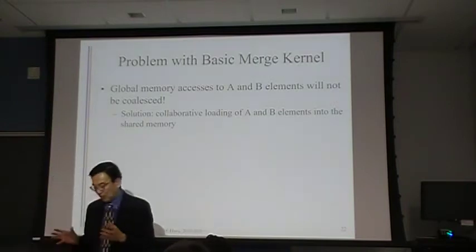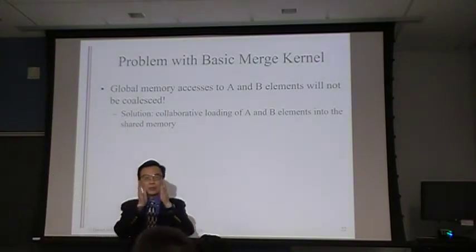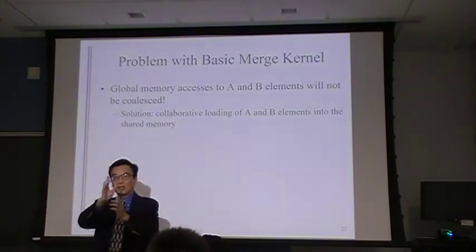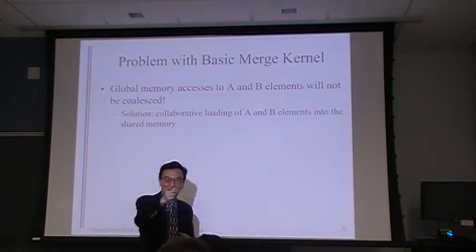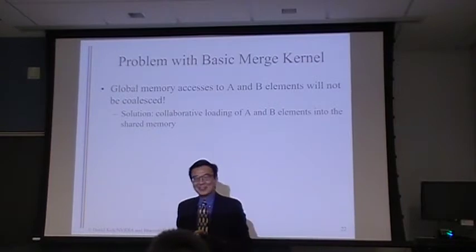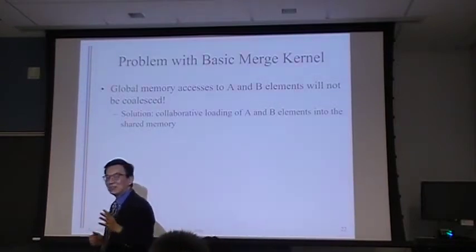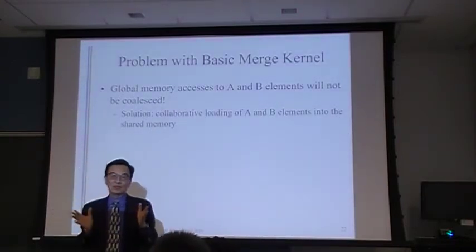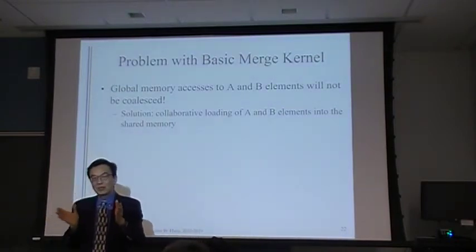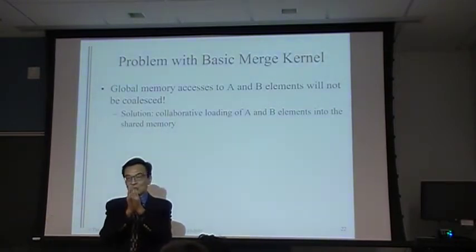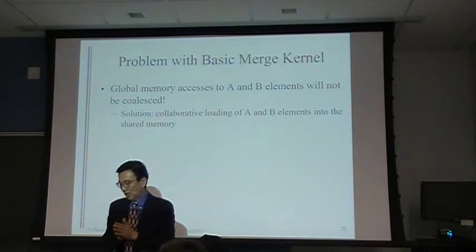So this is where we are. We have all these threads going into A and going into B, and they're doing this binary search. The binary search is very efficient, and it takes log n to find the point that you want.